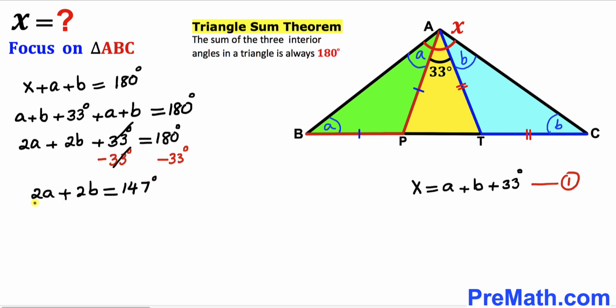Now I'm going to divide each and every term by 2. So we can see that our a plus b angle turns out to be equal to 73.5 degrees. I'm going to label this as equation number 2.